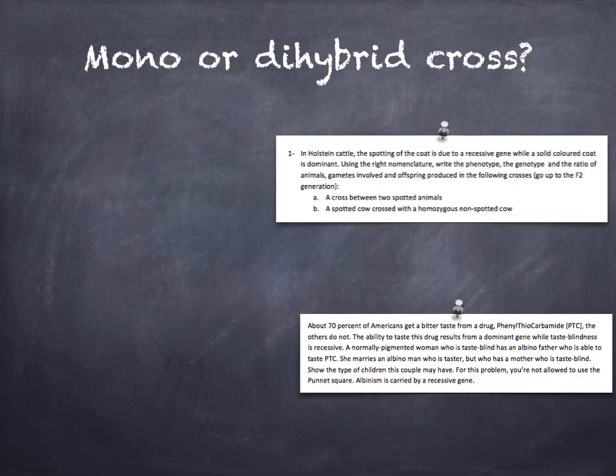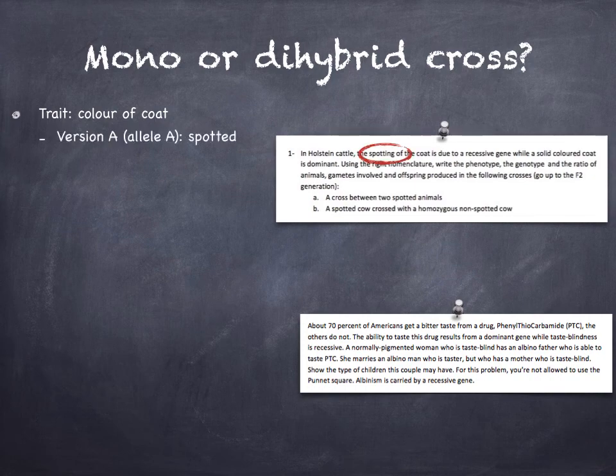So here you read the first problem, and you see that we are talking about the spotting of the coat in Holstein cattle. So if you look at this, the trait is the color of the coat, and it has a version that is spotted versus a version that is non-spotted or solid.